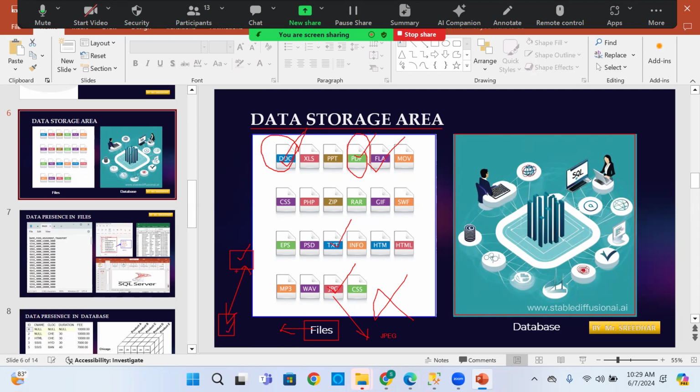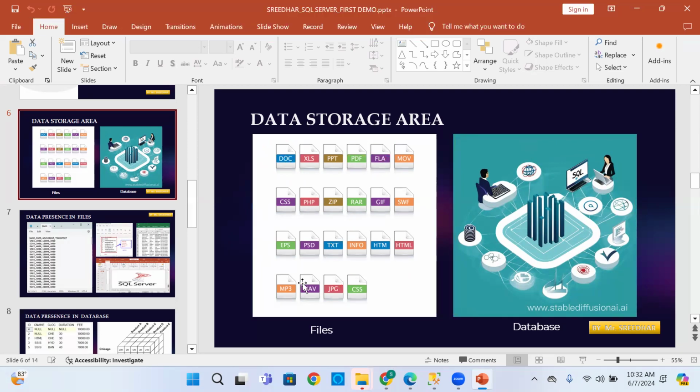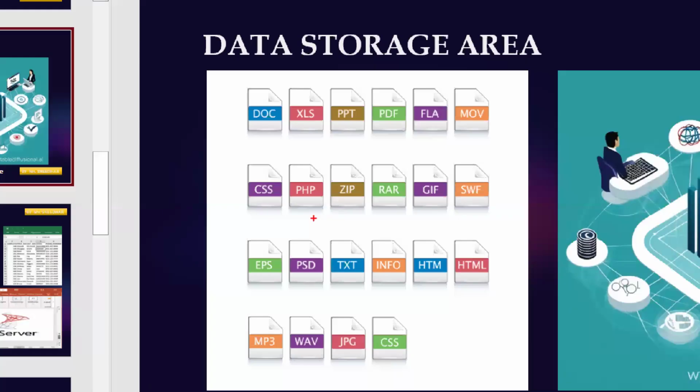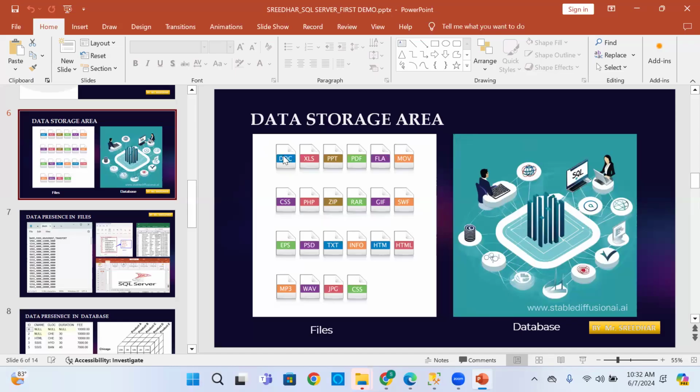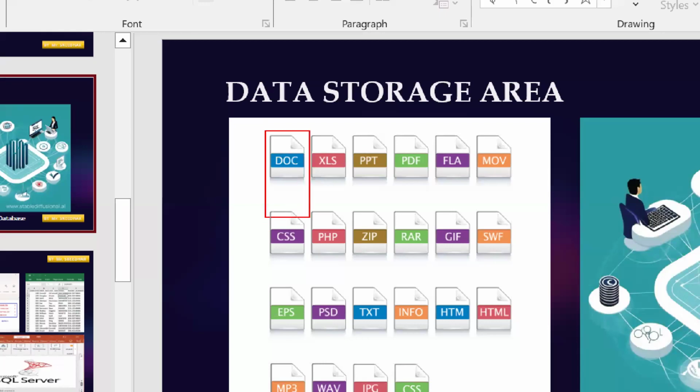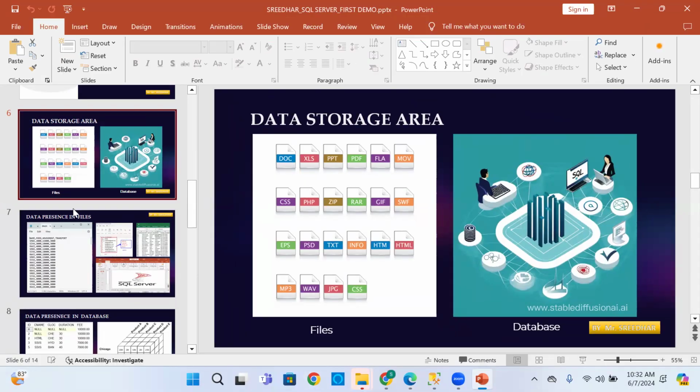Logically, we know this file and this file have related data, but physically we can't relate them. These two are disadvantages of files. And the advantages are: simple copy paste is possible. We can copy and paste into PDF or doc format, or else we can move this file from one place to another place easily.